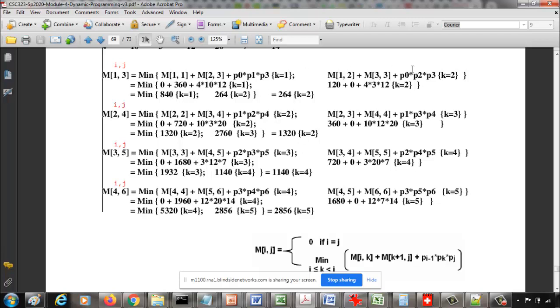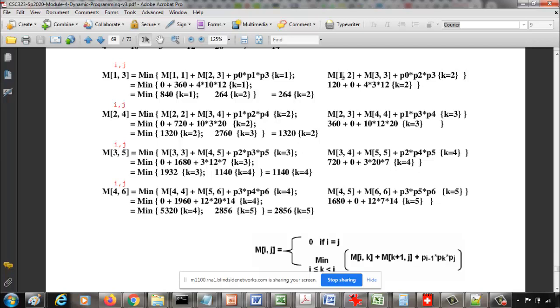Then K is 2: M of i comma k, so 1 comma 2, plus M of k plus 1 comma j, which is 3 comma 3, plus Pi minus 1, which is P0. So you see P0 and P3 are fixed. Just plug in the K value. P1 for K is 1, and now for K equals 2, it's P2.